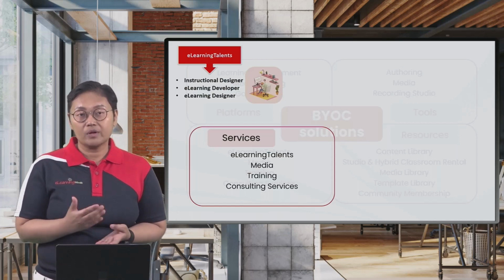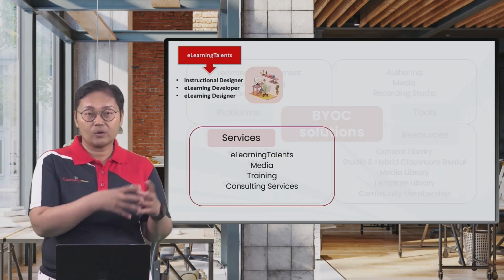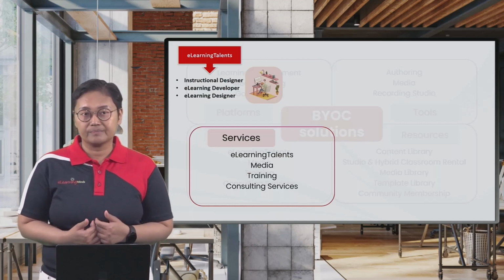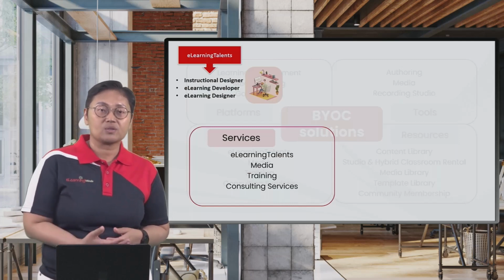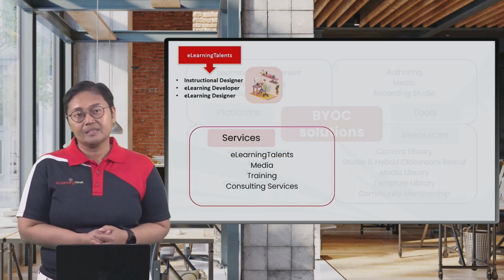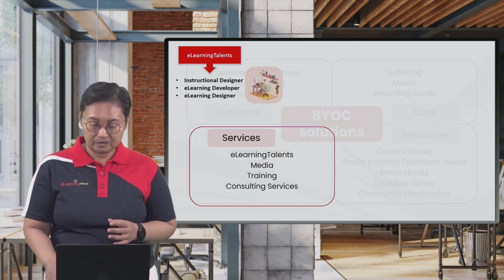And more importantly, any challenges they face with the client or in the project, they can always refer back to our internal team. Okay, then we can help them solve, or give them advice on what they can do to overcome those challenges. Yeah, so this is the total of what we put up under the e-learning talents, right?